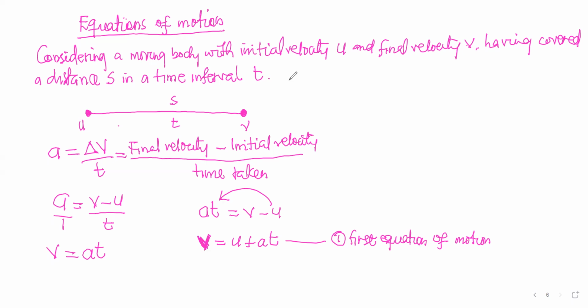Is there any question? Can the distance also be displacement? Yes, in the second and the third equation, there will be displacement as well. This equation is about the velocities, it's about acceleration.